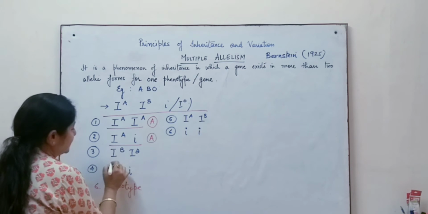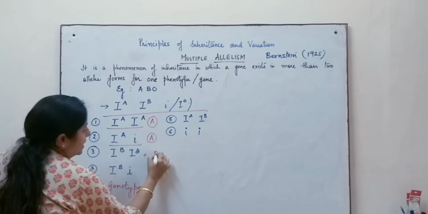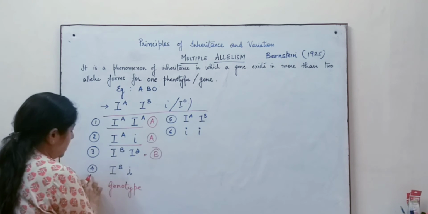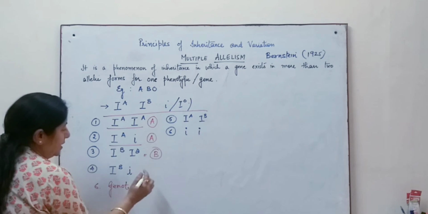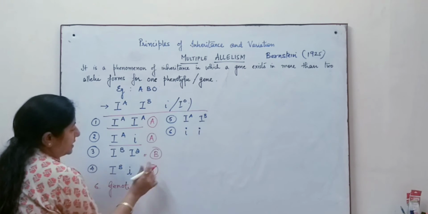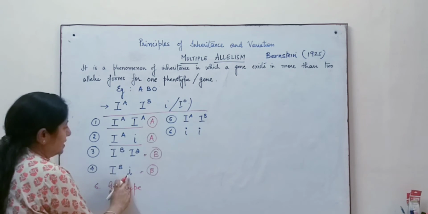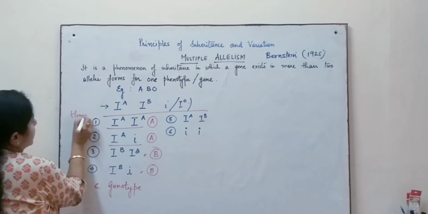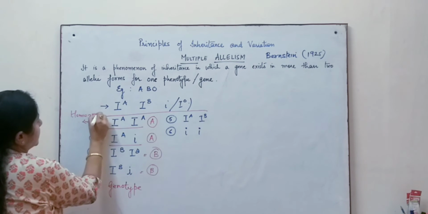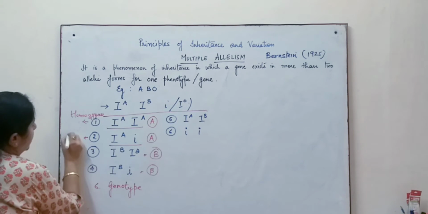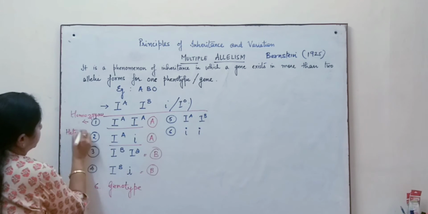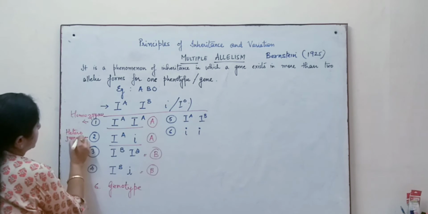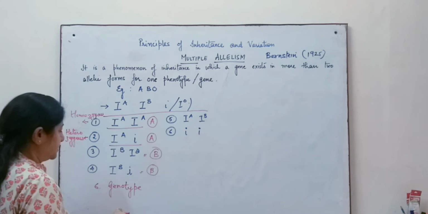The third is blood group B because it is a homozygous condition. The fourth will also have B, but it is a heterozygous condition. So this is homozygous because the allelic pair is the same, and this is heterozygous because the allelic pair is different.